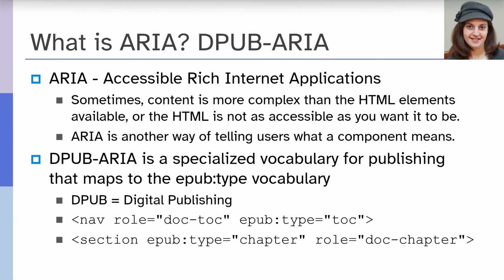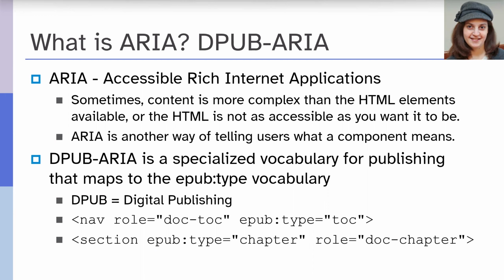So ARIA, Accessible Rich Internet Applications, is a language that was created to provide more meaning to HTML as well as any other language to which it's applied. Sometimes content is a little bit more complex or nuanced than basic HTML elements, such as div, which is a kind of generic element that can be used for just about anything.